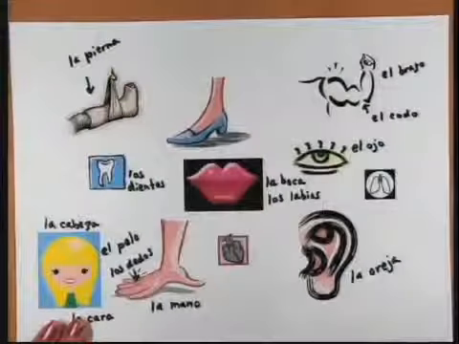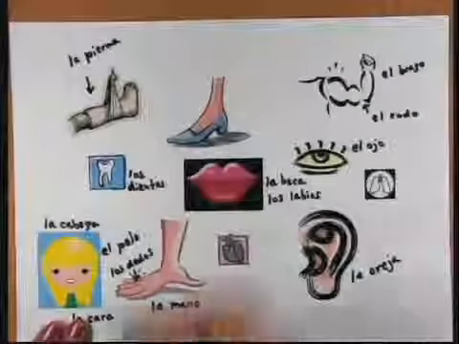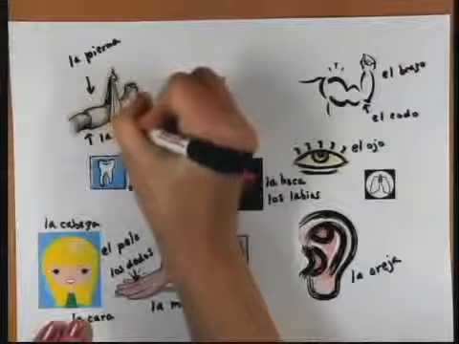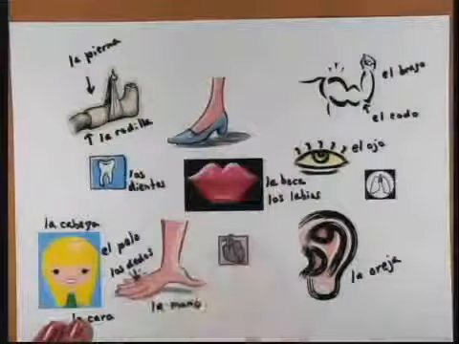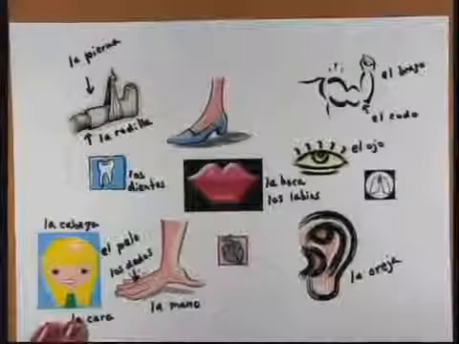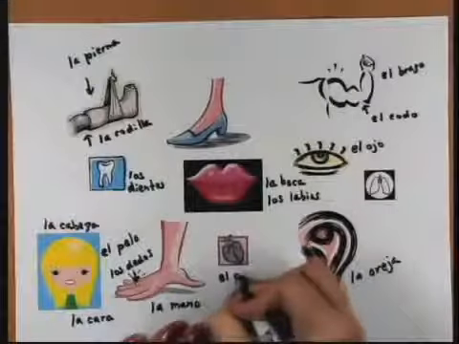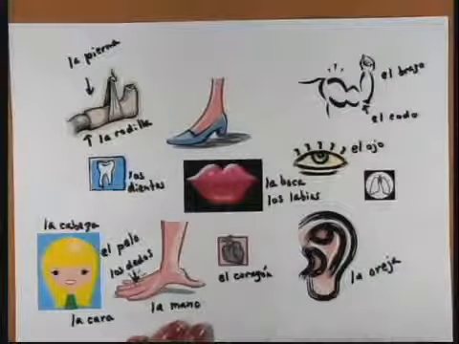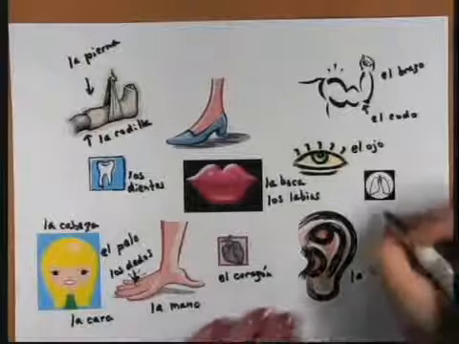The leg, la pierna. Aquí mismo hay la rodilla. The knee, repite, la rodilla. Vale, y ahora dentro del cuerpo, inside the body, we have the heart, el corazón. Y los pulmones.